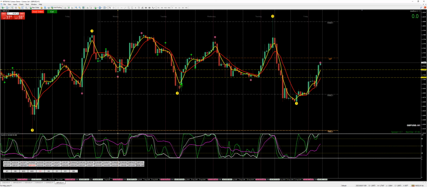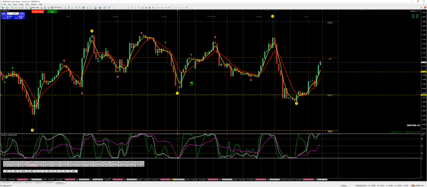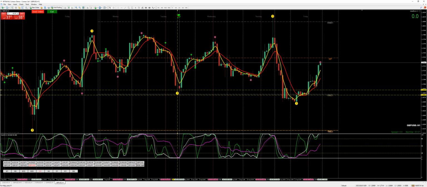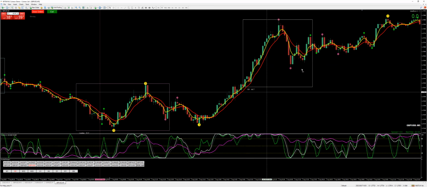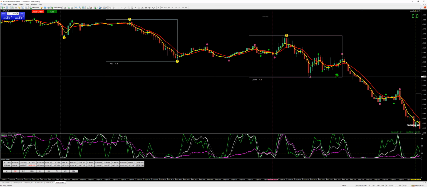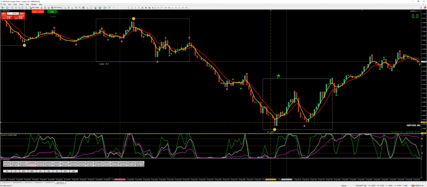So on Tuesday, this was the trade we took, the long trade. Again, we are here. And we are here. Go to the 5 minute. We look for an entry, which would be right there.